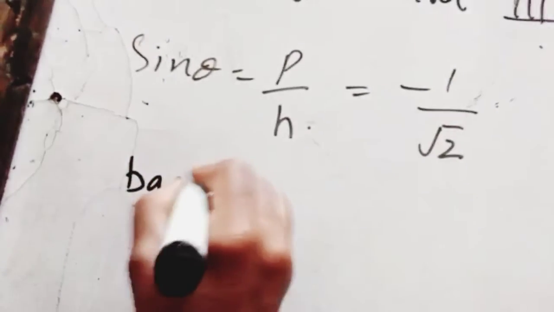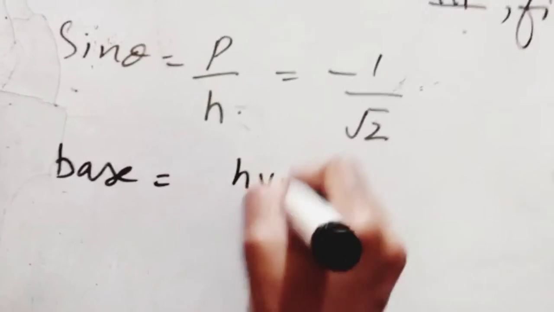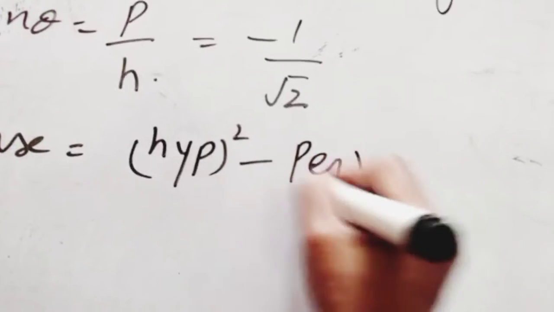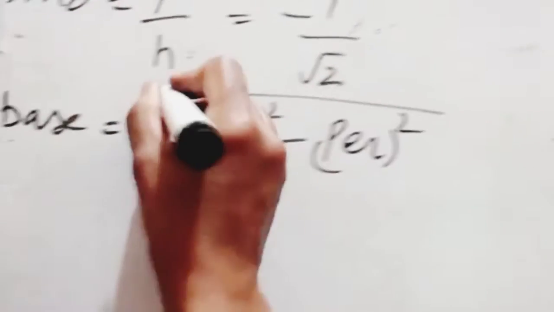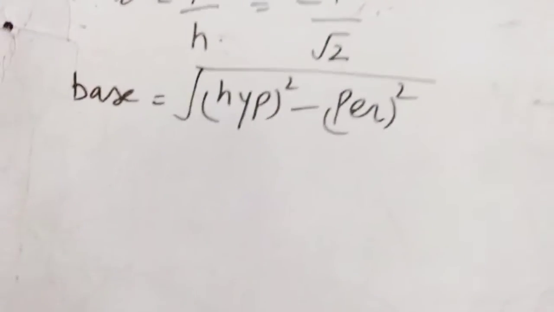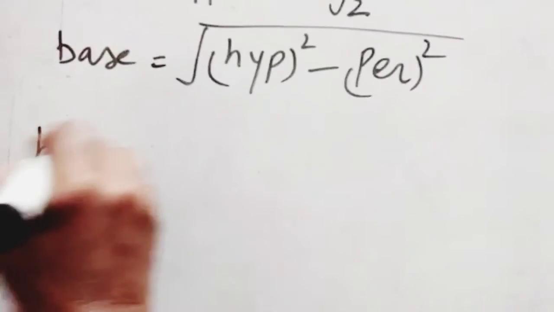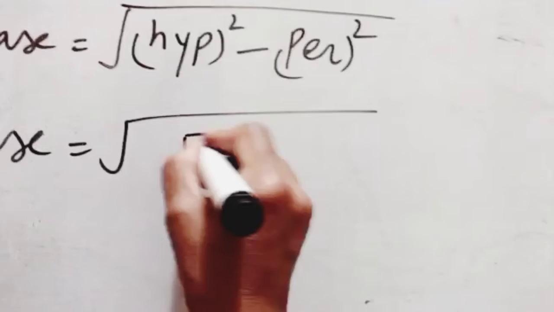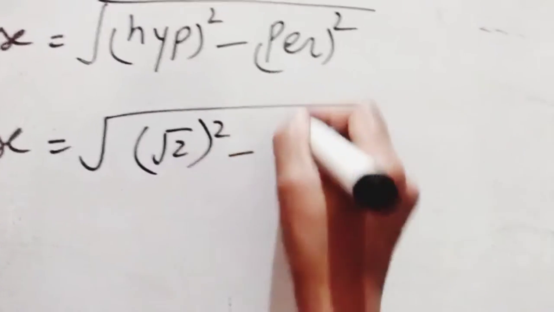Base equals the square root of hypotenuse square minus perpendicular square. Now we get base equals the square root of under root 2 whole square minus minus 1 whole square.